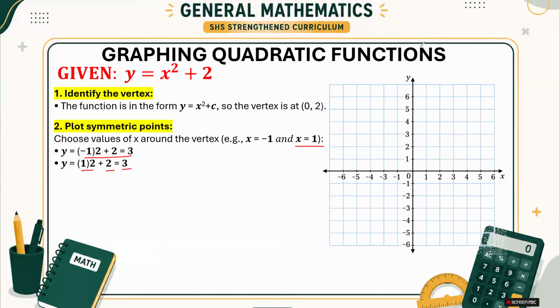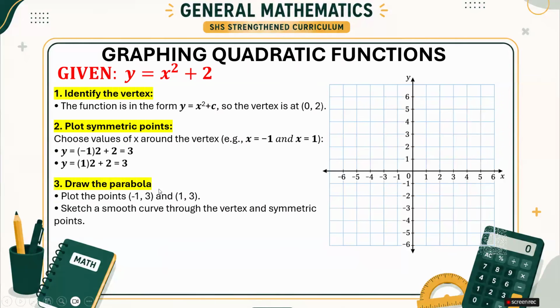So plotting all of these points together with the vertex, then we form the U-shaped graph. Okay? So we draw now the parabola using the vertex and the 2 points. So let's plot first 0, 2.